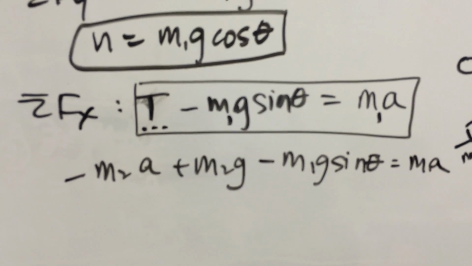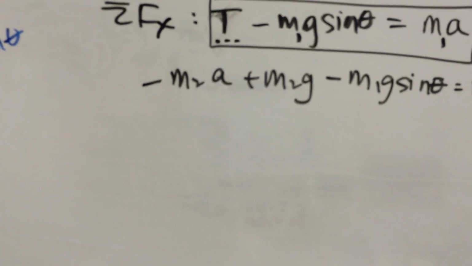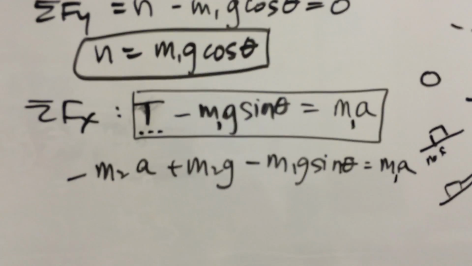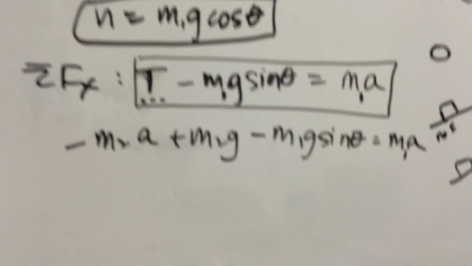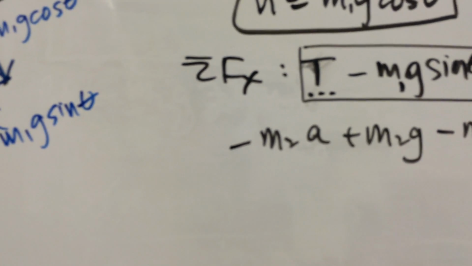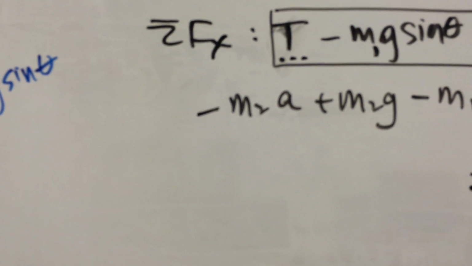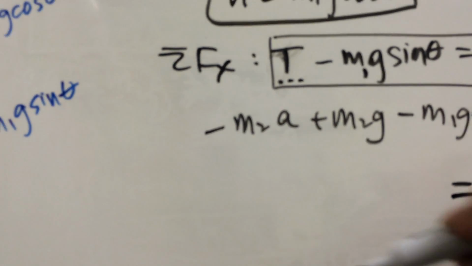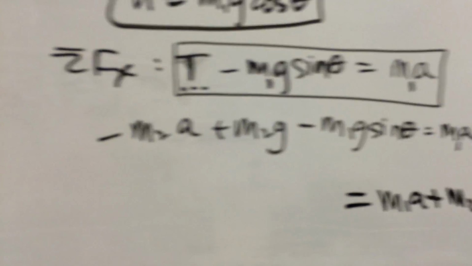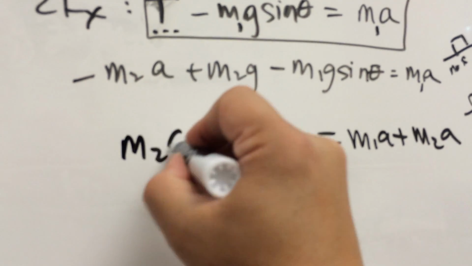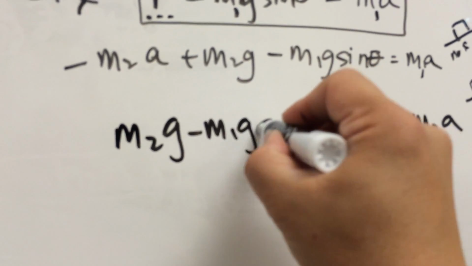Okay, so far? Now, we regroup all the a terms to one side, on the right-hand side: m1a plus m2a. And we end up on the left-hand side with all the g terms: m2g minus m1g sine theta.